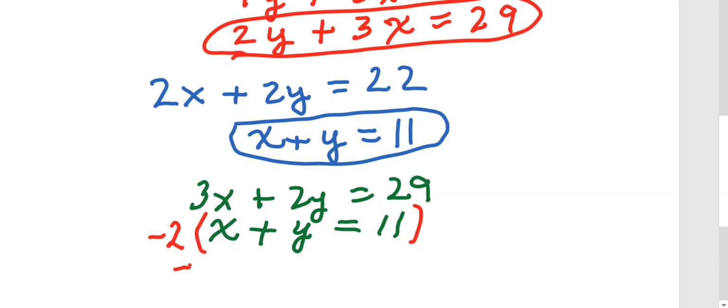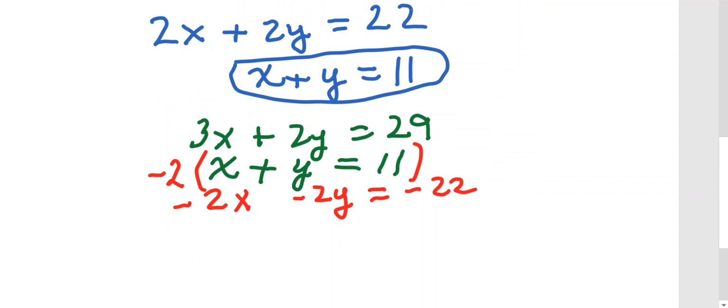So this is going to become -2x minus 2y equals -22. Let me write the other equation below it. So 3x plus 2y equals 29.